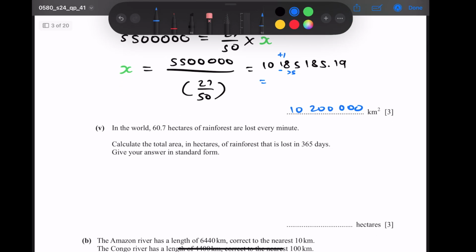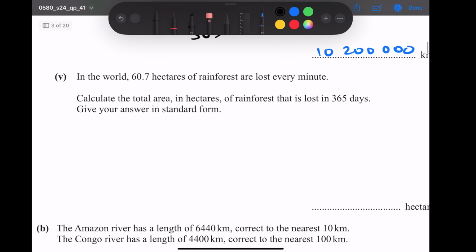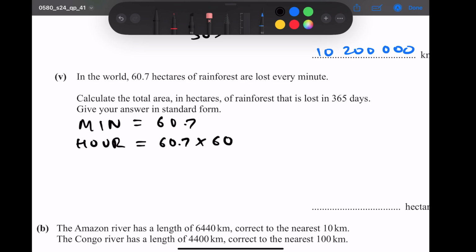Now V says that in the world, 60.7 hectares of rainforests are lost every minute. This means that in a minute, we lose 60.7 hectares, which means that in 1 hour, we lose 60.7 hectares times 60. Because if we lose 60.7 hectares every minute, and 1 hour has 60 minutes, then we lose 60.7 times 60 hectares of rainforest every hour.